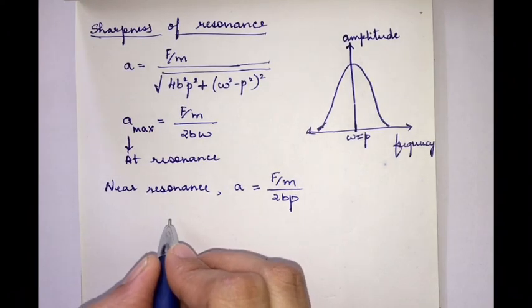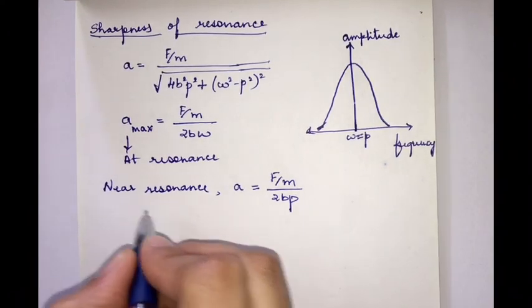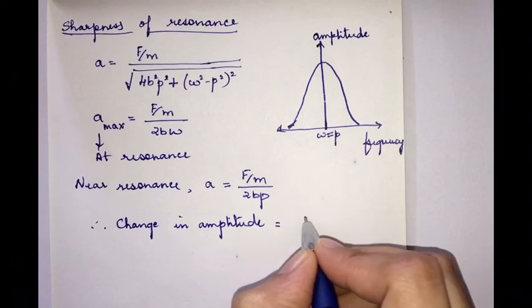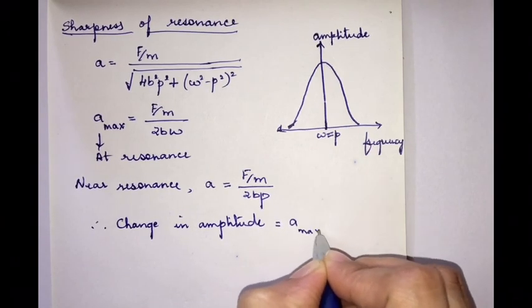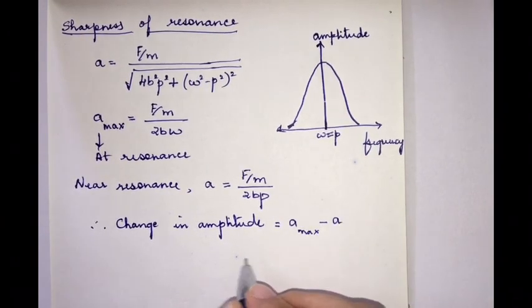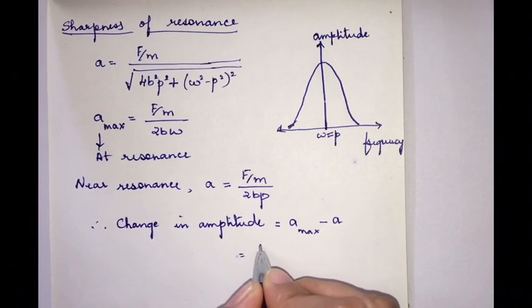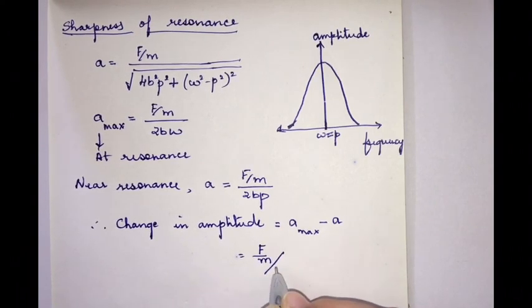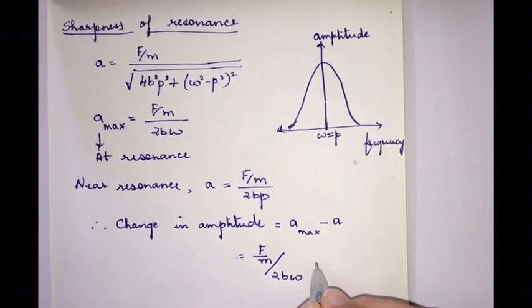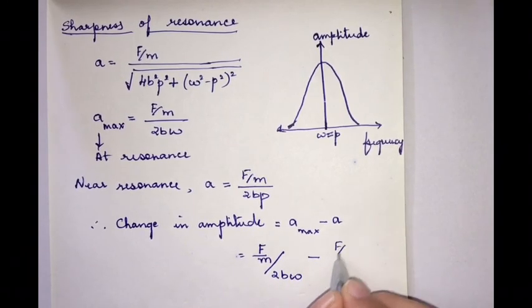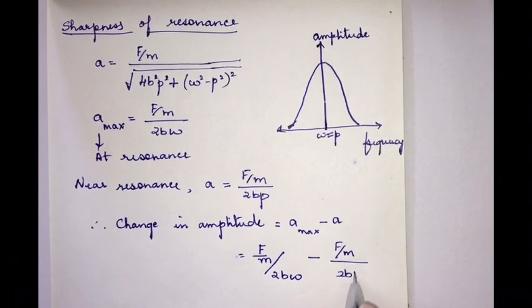Then the change in the amplitude is equal to A max minus A, or I can write this as F by m by 2b omega minus F by m by 2b p.